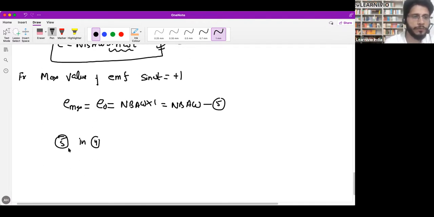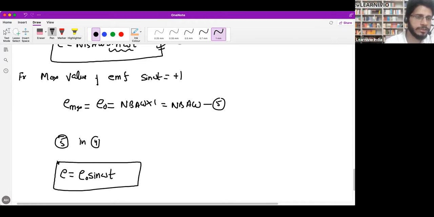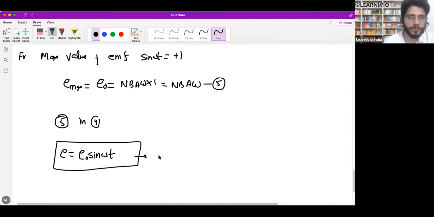When we substitute 5 in 4, we get E is E naught sine omega t. So this is the equation of AC EMF.